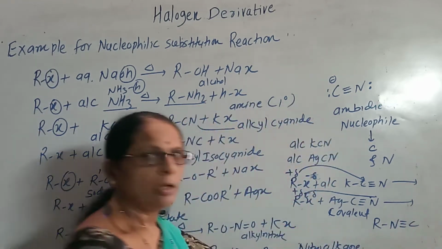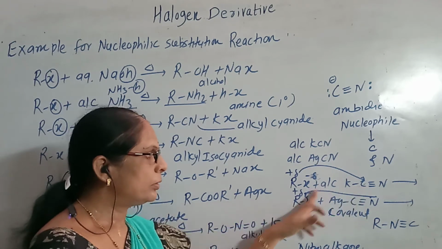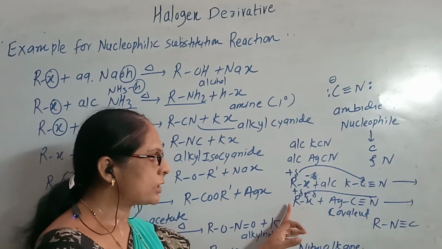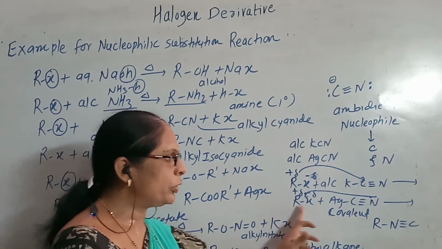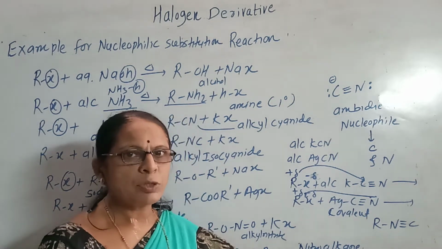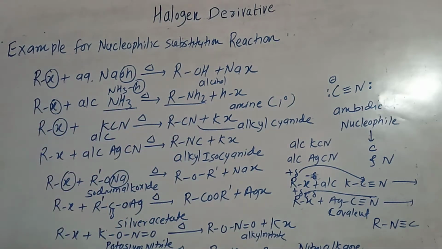So in the case of the ionic, the reaction occurs through the formation of RCN. In the case of the covalent, the R group reacts with the nitrogen and you get alkyl isocyanide as the product. Okay. So therefore, you get a product like this.